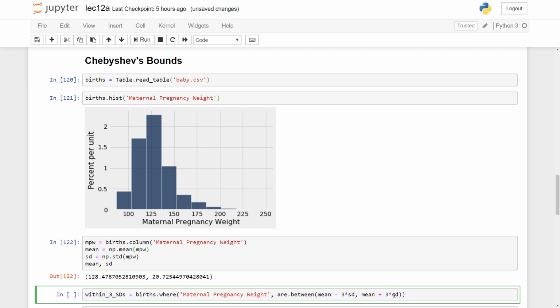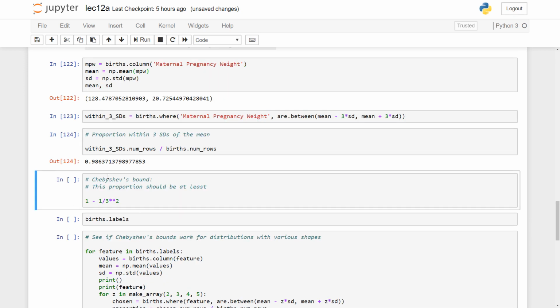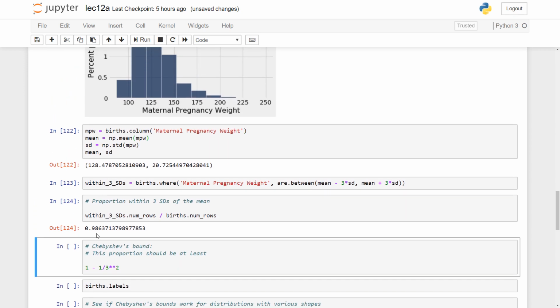We'll get these rows, and to compute the proportion, we will divide by the total number of rows. That gives us 0.986. So 98.6% of the weights in this data are within 3 standard deviations from the average.